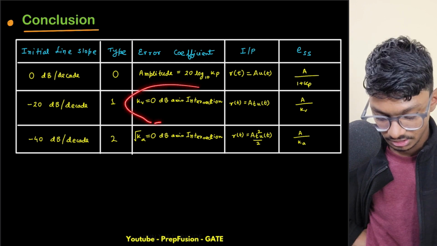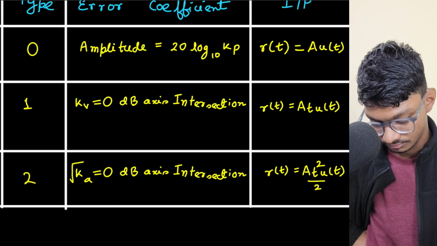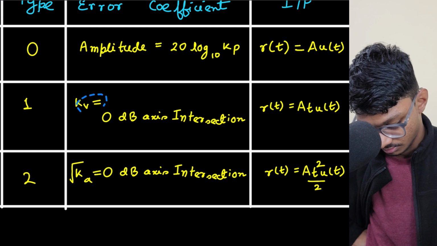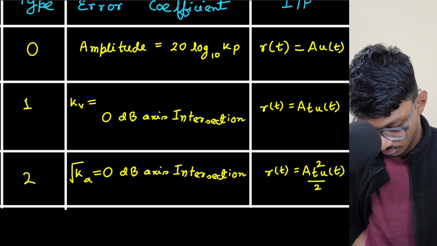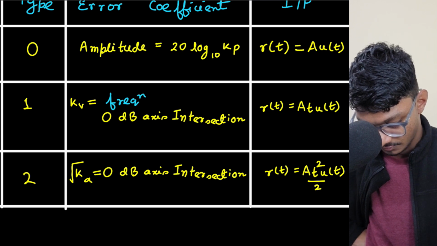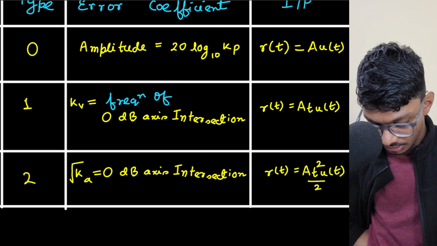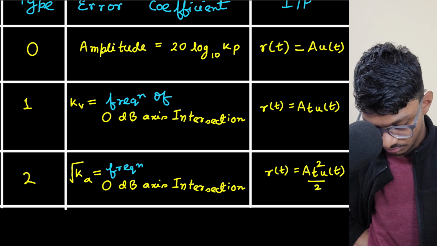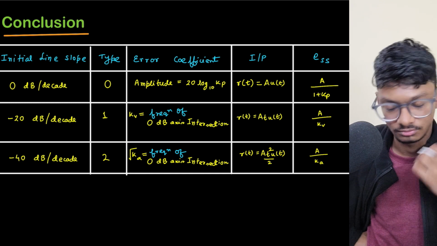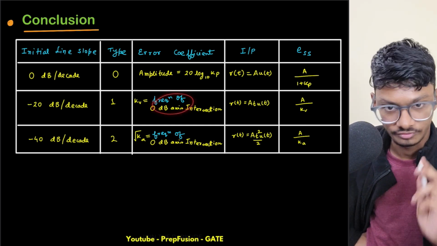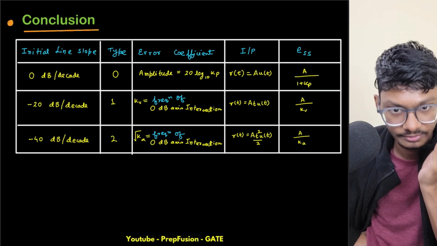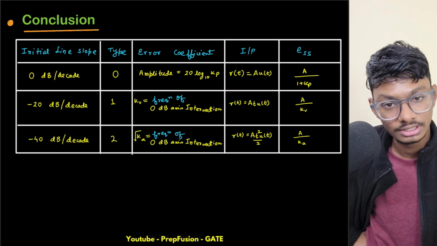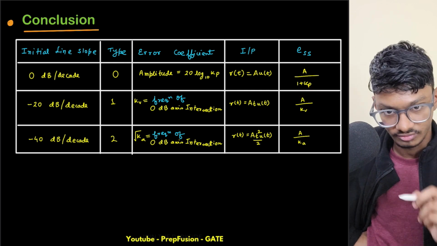Wherever it intersects the 0 dB axis, that frequency, the gain crossover frequency, will be equal to my velocity error coefficient, and the input is A t u of t, a ramp input. For that my error will be A by kv. Okay, for that only my error will be this.